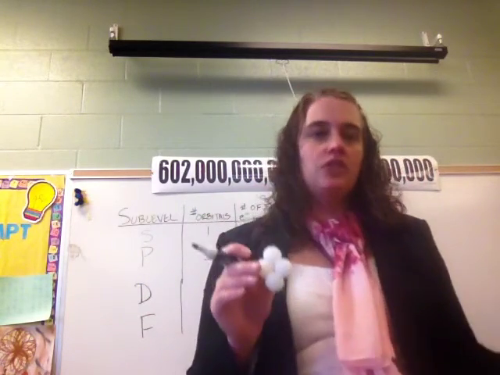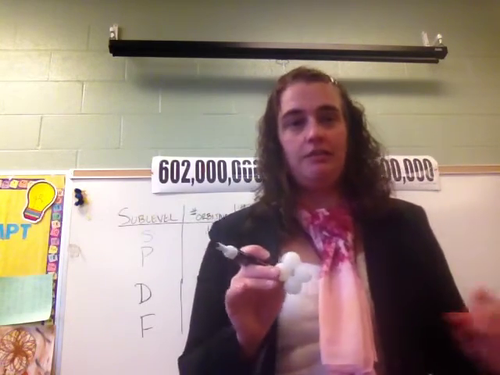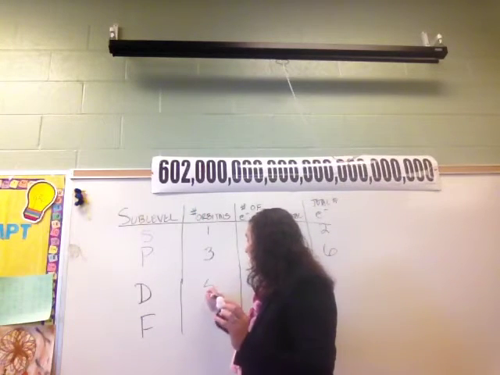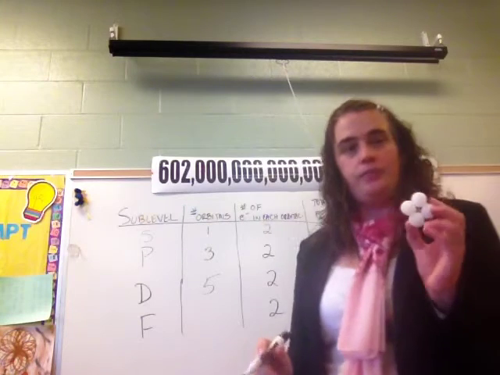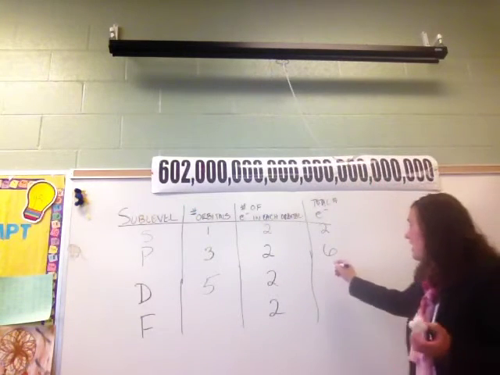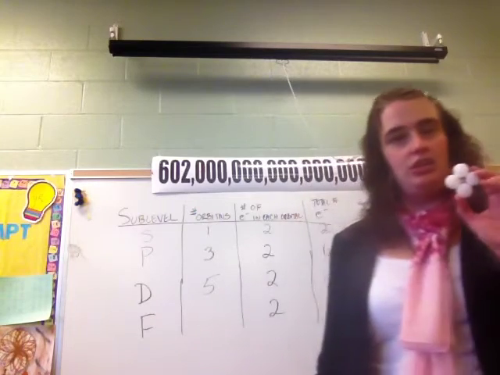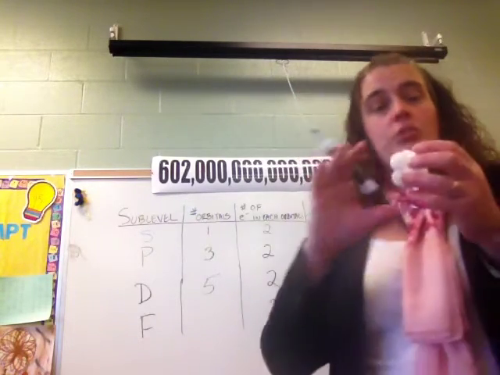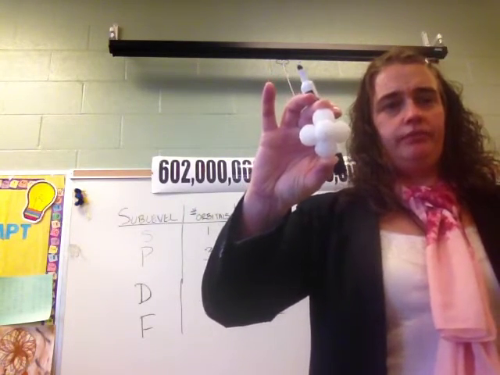Now you're going to have to trust me on this one because it gets a little tricky in terms of that X, Y, and Z. But I can have 5 different orbitals for my d's, which then means I get 10 total electrons in my d orbitals. If I look at my f orbital, it's this funny shaped one.